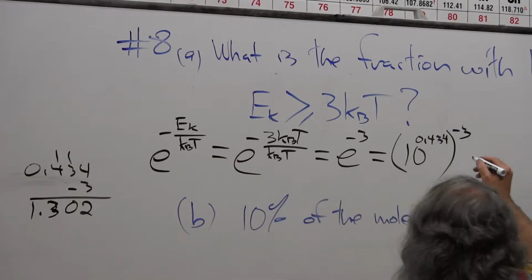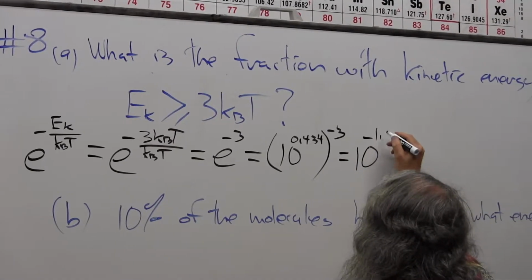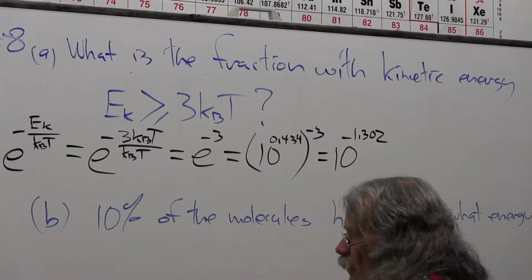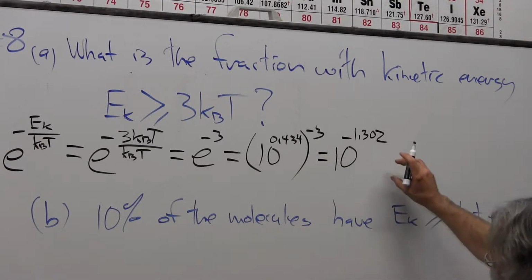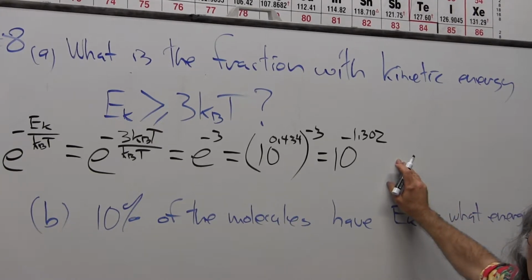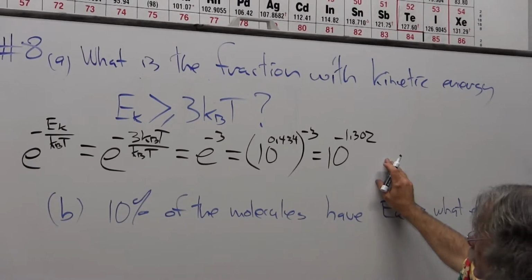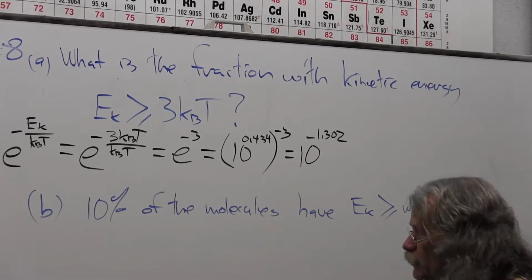1.302, so that equals 10 to the minus 1.302. And now I have to convert this to scientific notation in order to express it as a fraction, because I'm asking what the fraction is. I want a decimal fraction.